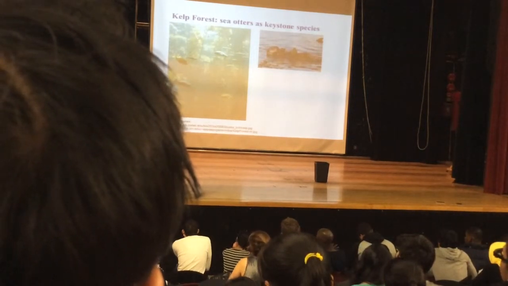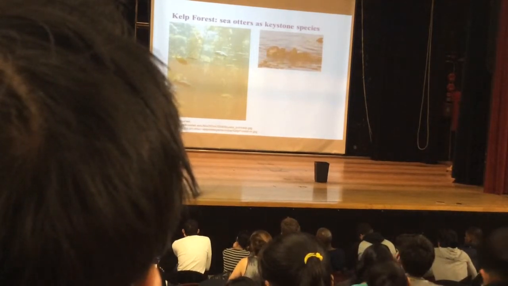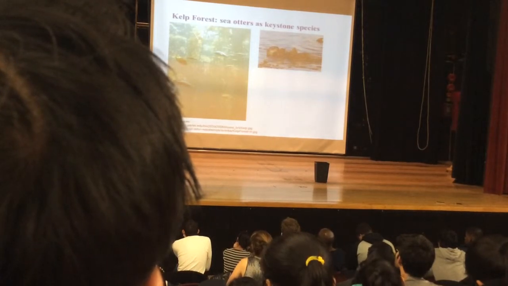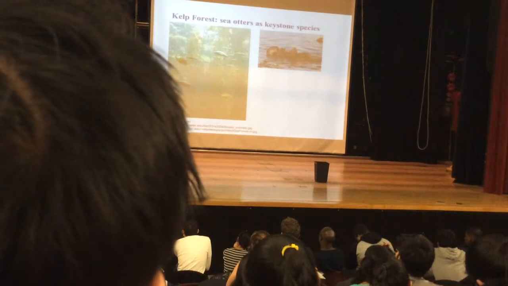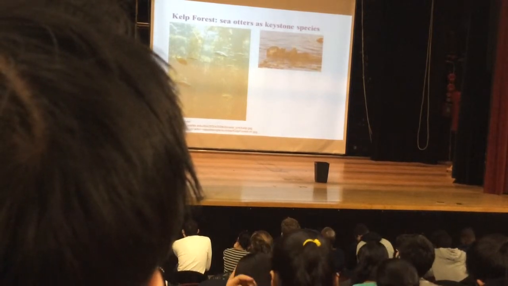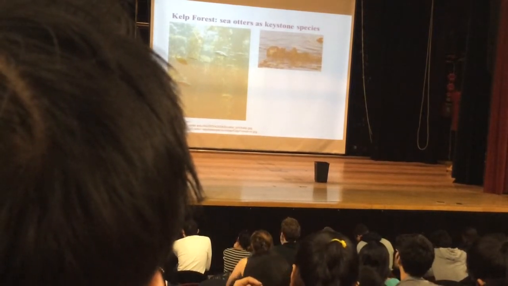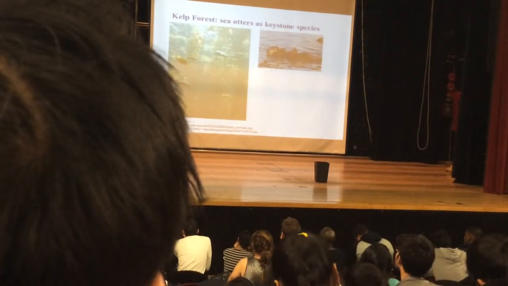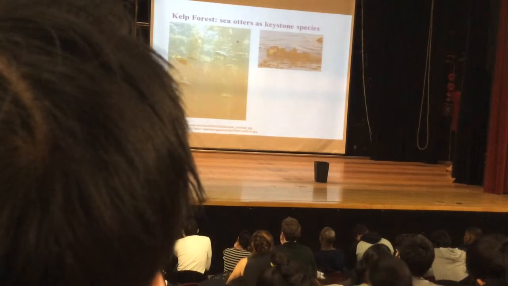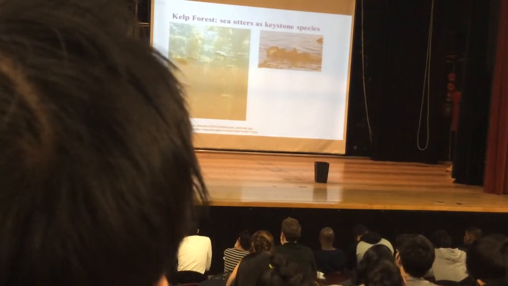Now, they were also killing the otters because the otters interfered with fishing, and also they killed them for their pelt. And there's a problem when you do that, because sea otters eat sea urchins, and sea urchins eat kelp. So what happens when you kill the sea otters?